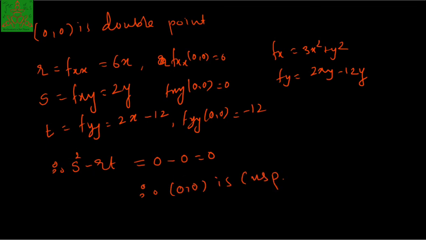Let us solve one more example. The objective of the example is the same, and I am considering the function f(x, y) equal to x cubed plus y cubed minus 12x minus 27y plus 70 equal to 0.